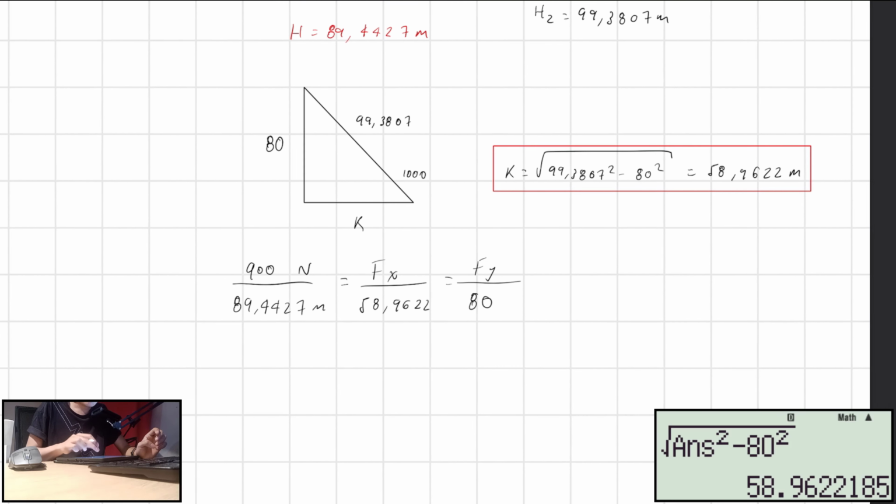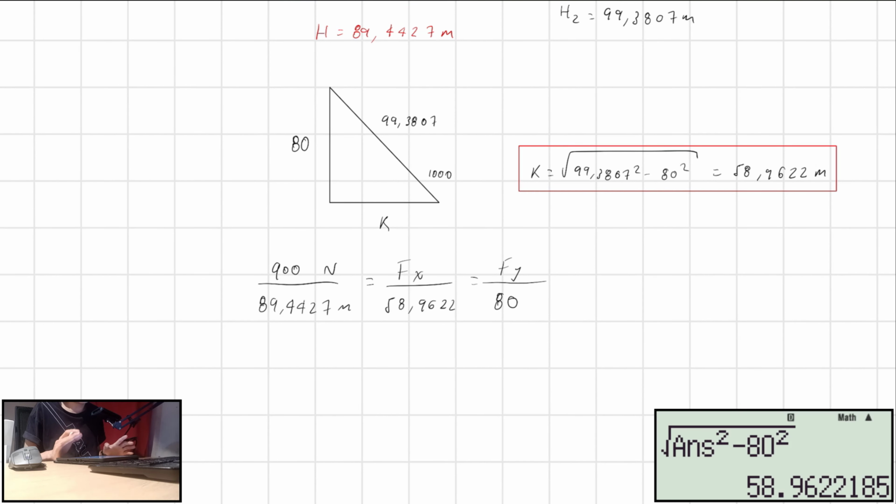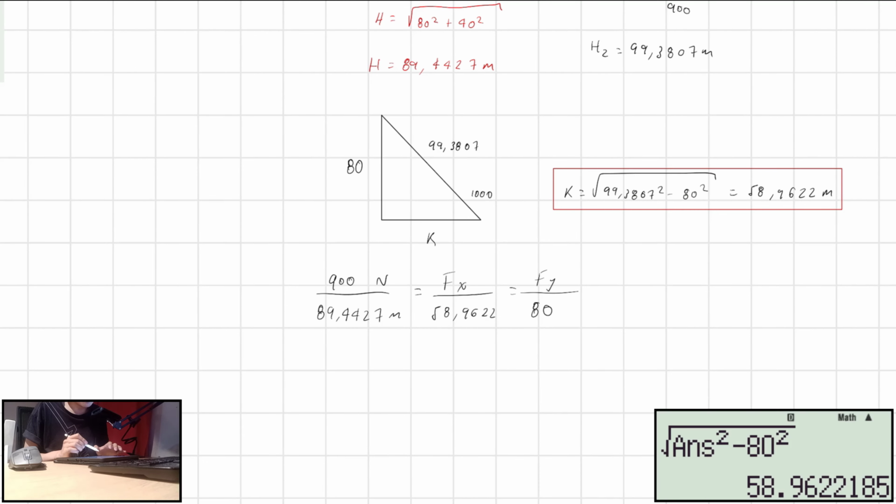As you can see, for those of you who didn't understand what I just did, don't worry, because right here we have our equivalence that we used before. Now, we cannot use the distances when we want to express a force component. If you want to express a component of force, you have to use the same kind of units, which is newtons in this case.